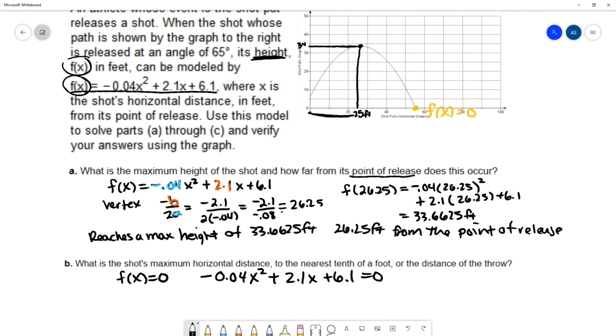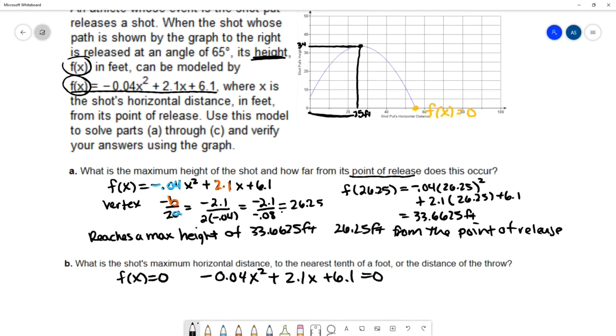I was thinking of getting rid of the decimals, so maybe I will. I'm going to multiply by 100 and also divide by a negative.